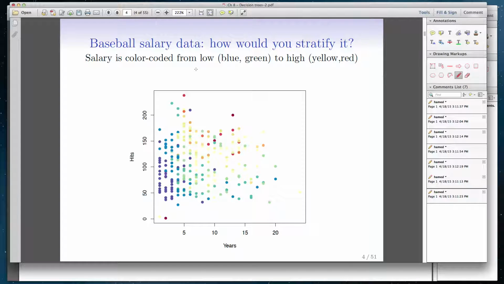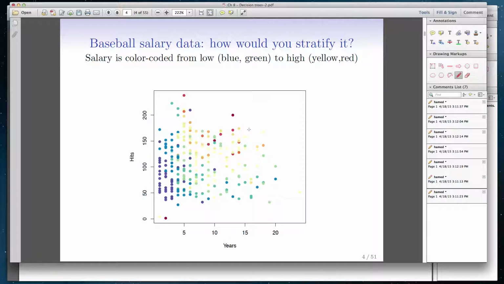So let's work on an example here. Here we have the baseball players' income, their salary, shown on a spectrum from dark blue to green and to red. The closer you are to the blue end of the spectrum, the lower you earn.